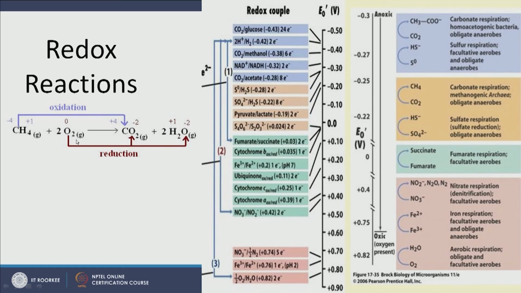Overall the electrons that carbon has lost in methane, oxygen will gain in carbon dioxide and water. So, oxygen is getting reduced and methane is getting oxidized. In other words, methane is your electron donor, it will give electron, and oxygen is your electron acceptor, and this process is methane's oxidation, which many microbes actually use to make energy.